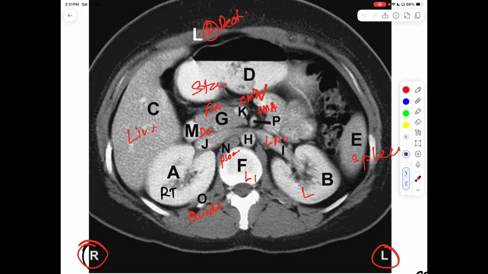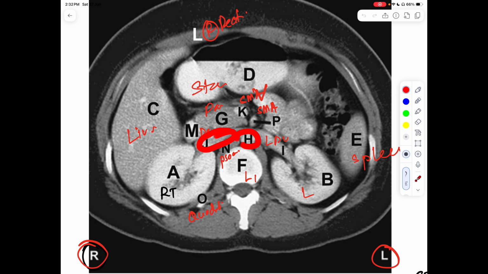On the left side there will be the aorta. H should be the descending aorta. J is supposed to be the inferior vena cava, and N is the psoas muscle. This muscle is on both sides, so that's why N is psoas.